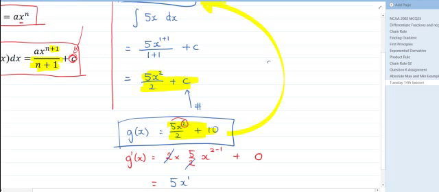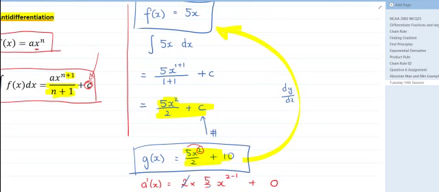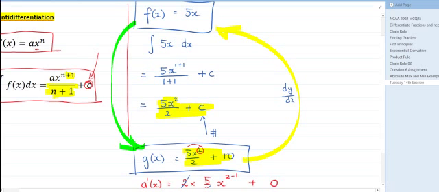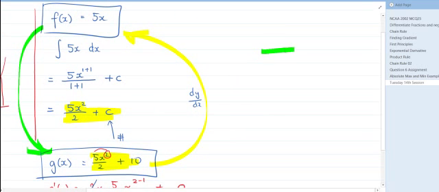Okay, so dy dx gives you that. And then antidiff, which is in green, gives you the function. So you see how you're going from original to derivative, and then from derivative back to original. Okay, so it's really just a circle. So going forward is dy dx, going backwards is antidiff.